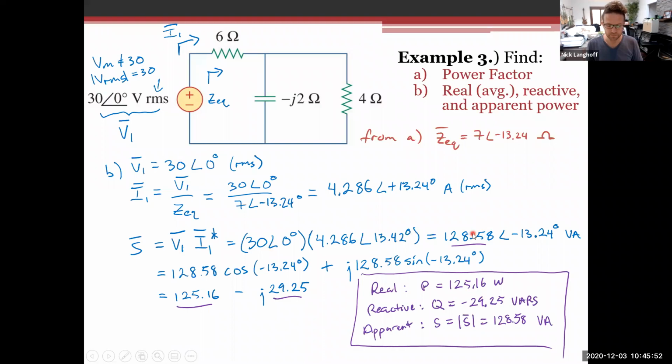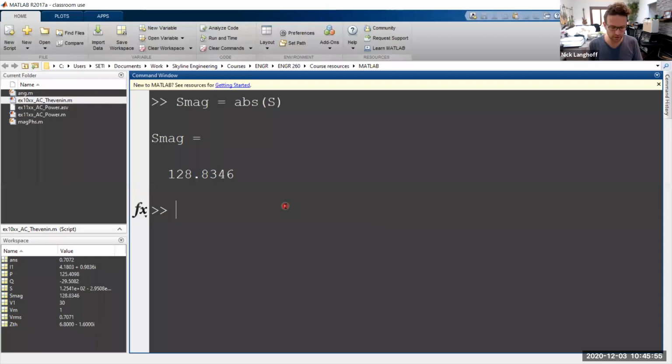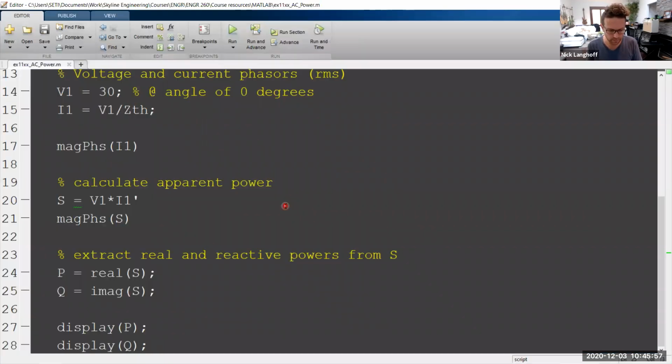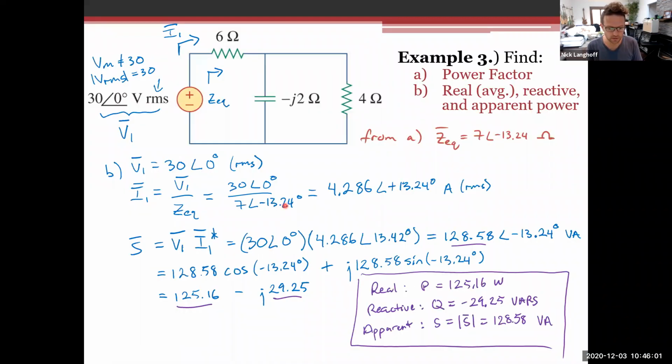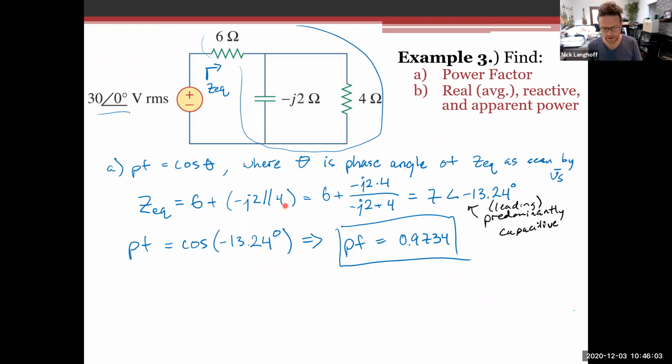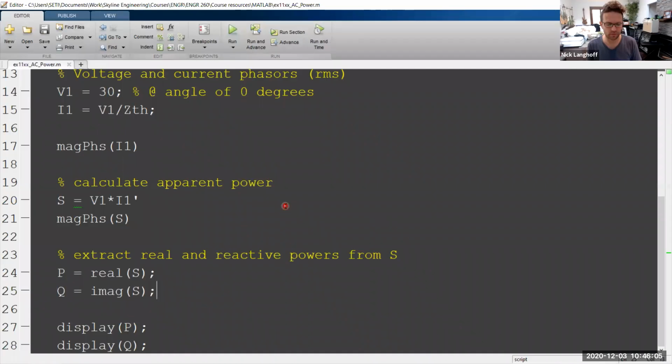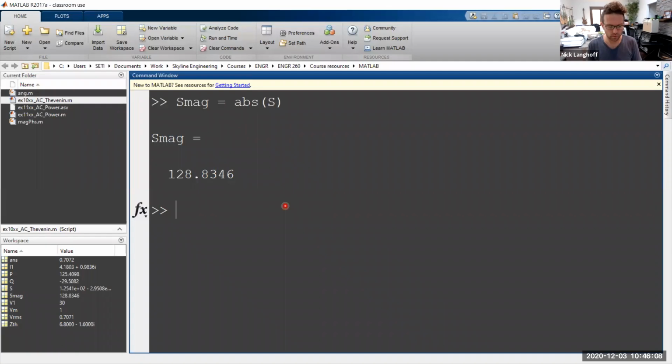But anyways, remember the power factor, which I did not calculate there. I should have. The power factor is 0.9734. So if we write that in here, PF is equal to 0.9734.